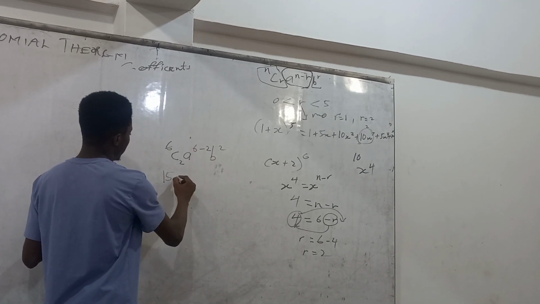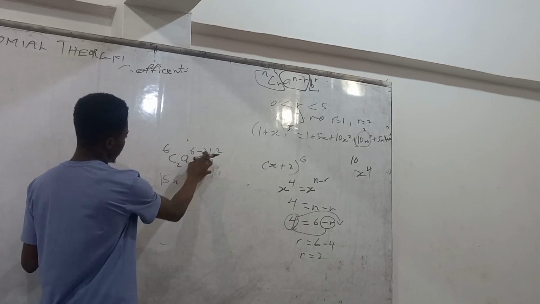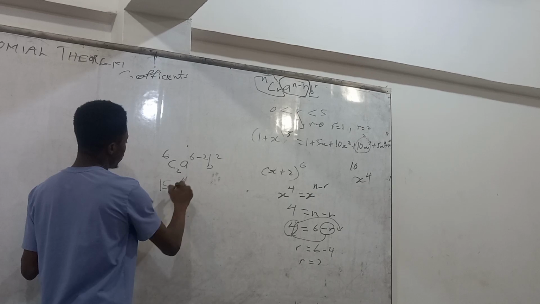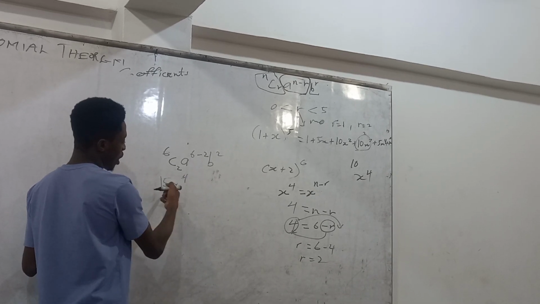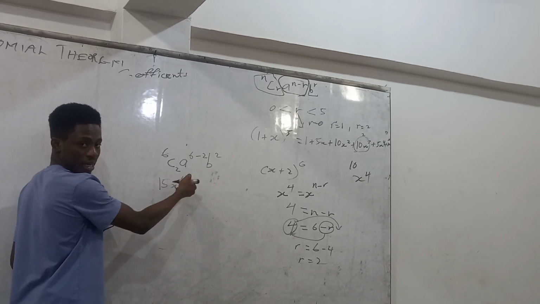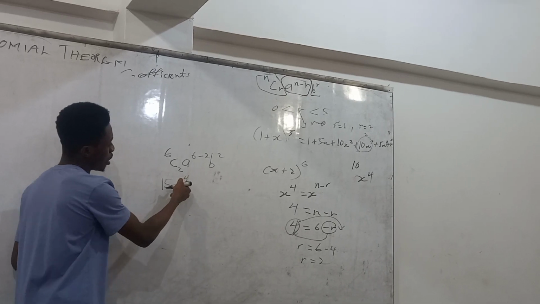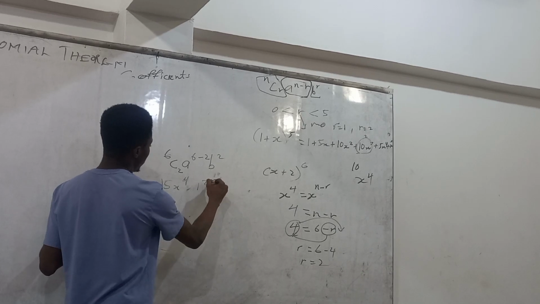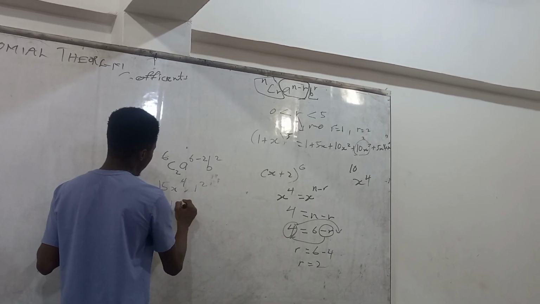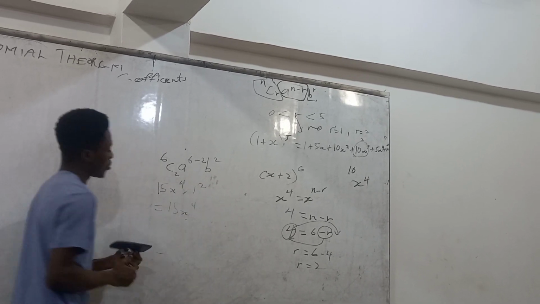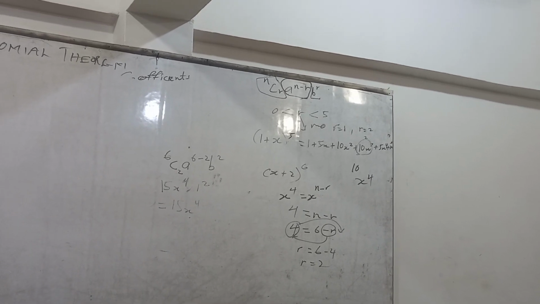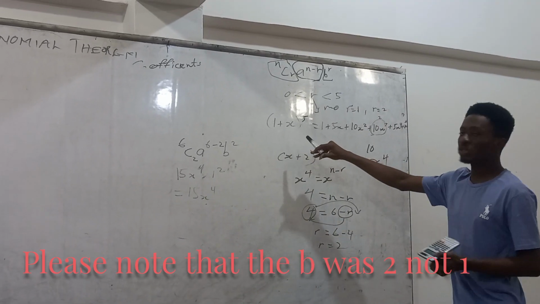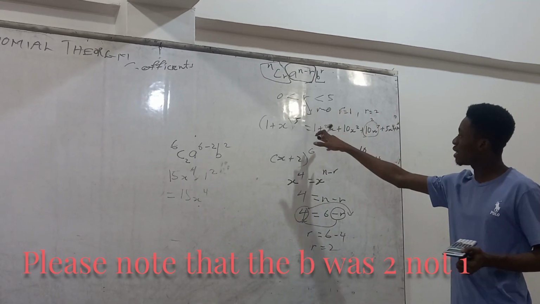Our a, this side will give us 4, and we can replace the a by x, so now we have x to the power 4. And since the b is 1, we times 1 to the power 2. So now the answer is 15x to the power 4. So regardless of what they tell you to find, you can find it.